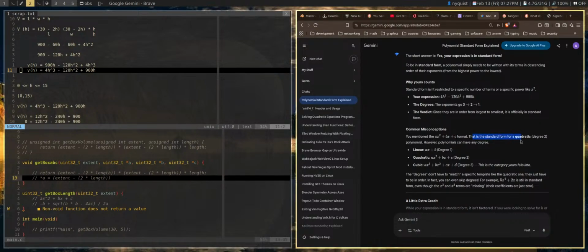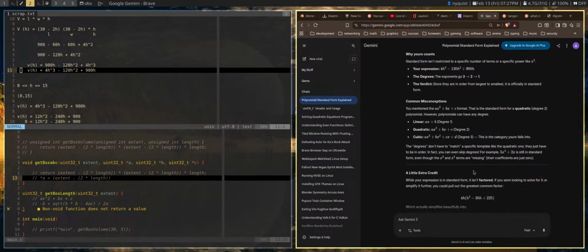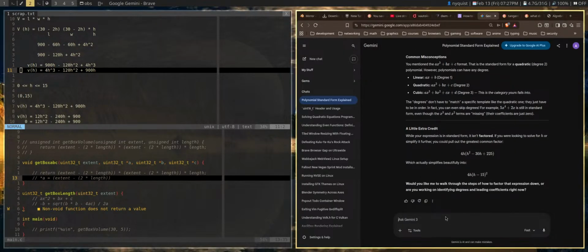That is standard form for a quadratic. Okay, the second degree means the highest degree is the... okay.